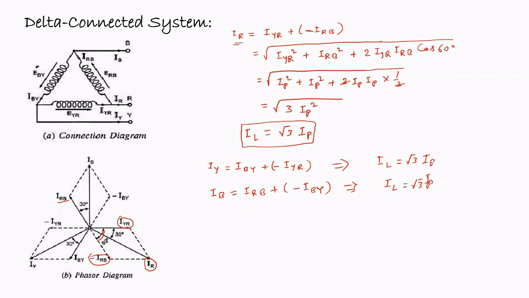Now the line voltage. We have already discussed the voltage between two external terminal is considered as the line voltage. That means, for example, the external terminal between B and R, it is the line voltage. Between R and Y, it is also the line voltage, and between B and Y, it can be also considered as a line voltage.